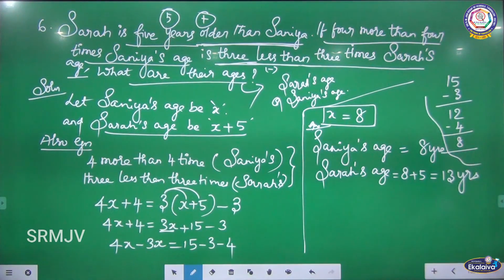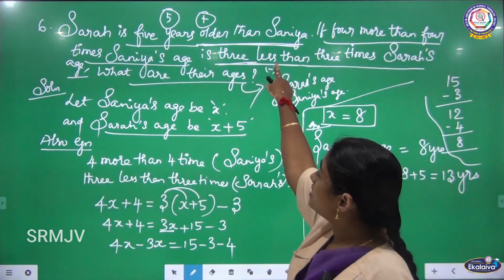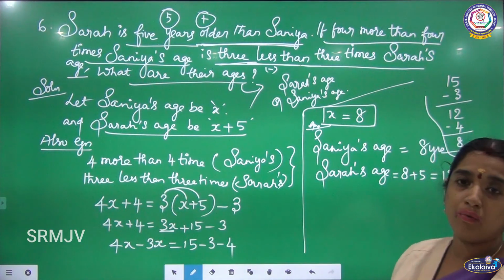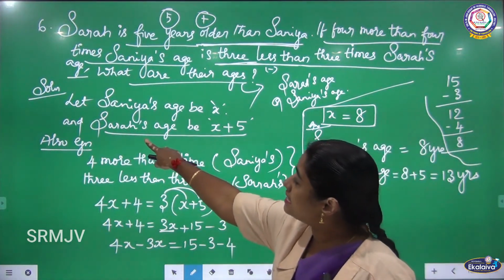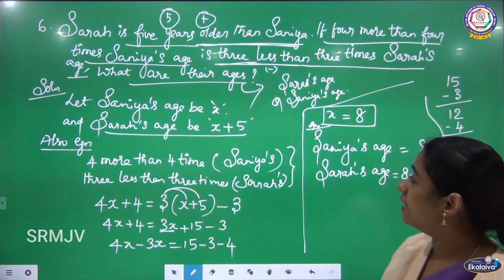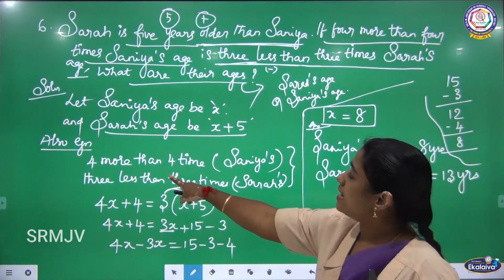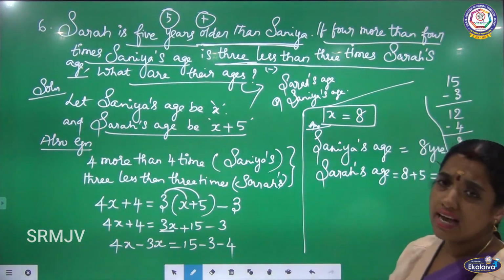Can you understand? Shall I repeat one more time? Listen, Sania's age, which is not given in the question, we have to assume to be x. But one more thing, they have said that Sarah's age is x plus 5. Then they have given the statement 4 more than 4 times, which is Sania's.